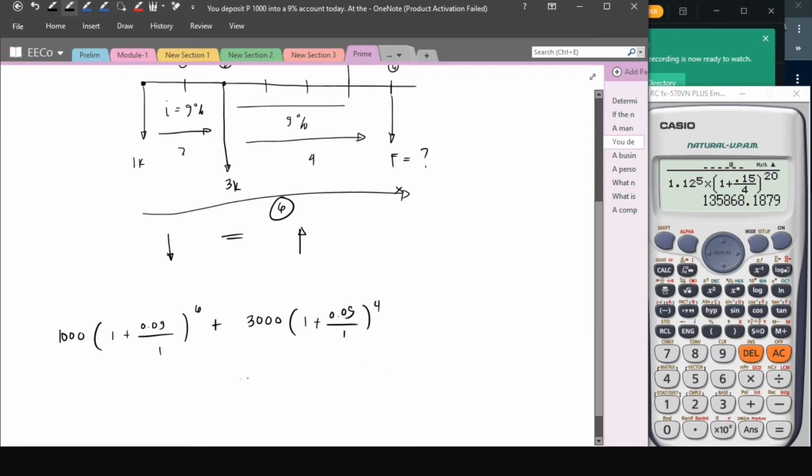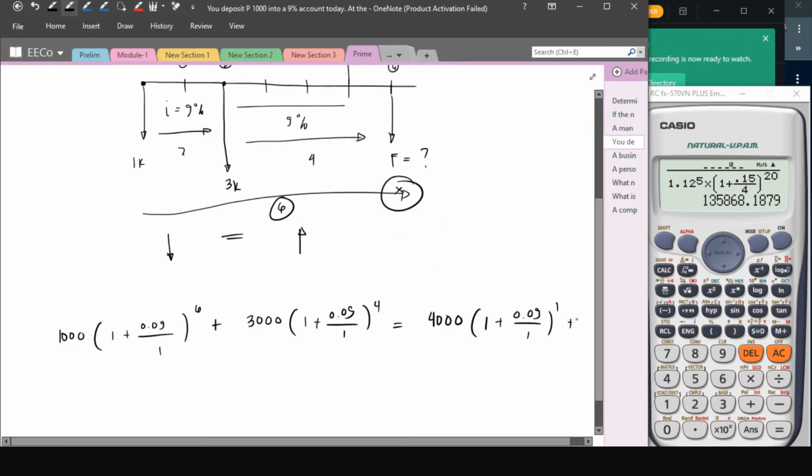Equate na natin dun sa inilabas mo na 4,000. At meron pa rin yon interest after 1 year. 1 plus 0.09 raised to 1. Hindi mo alam yung naging value nung natitira sa'yo. Plus X. So, you ought to find yung value ni X.